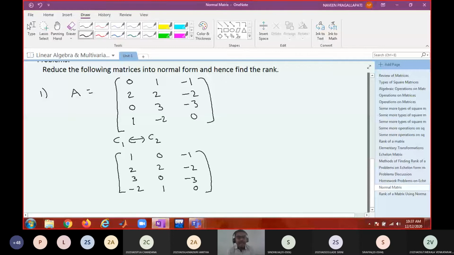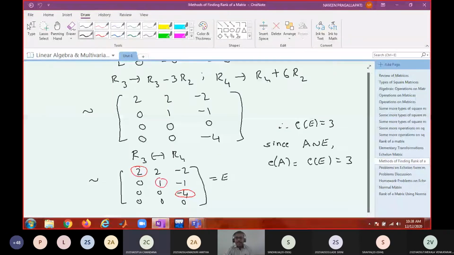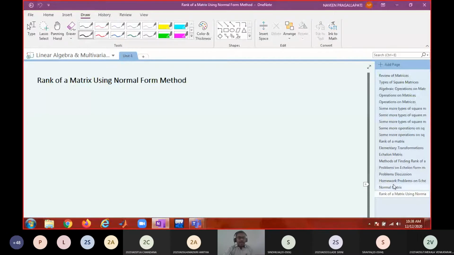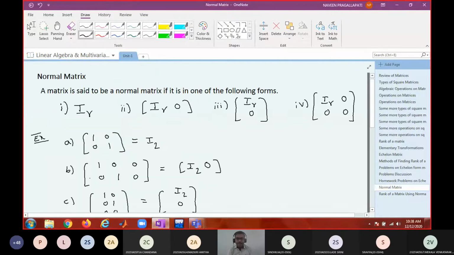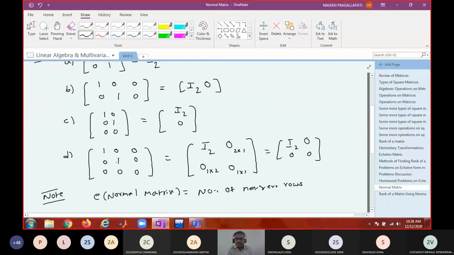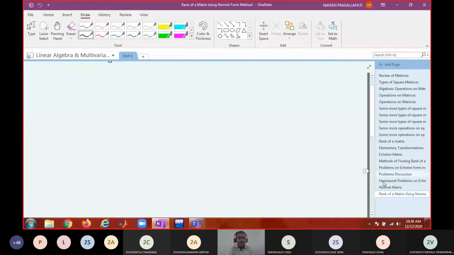What is the expected answer of this problem? What should be the rank of the matrix? Whatever we got previously: 3. So we should expect a normal matrix containing a submatrix of order 3. Now circle the pivot position.